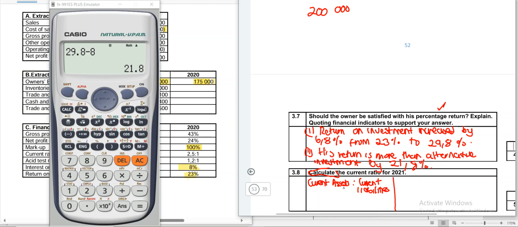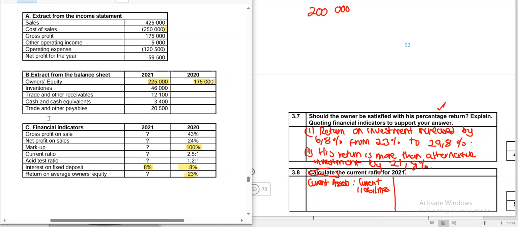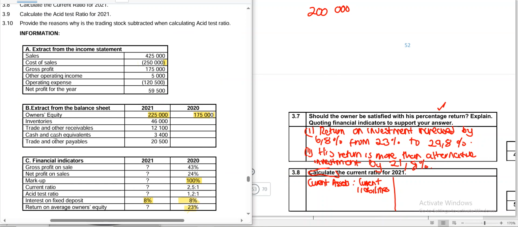We just need to check how much are our current assets and how much are our current liabilities. So let's go to the balance sheet. Now, if you look at this, our current assets include three things. Remember, we would have inventory, trade and other receivables, and also cash and cash equivalents. So we are looking at these three items.